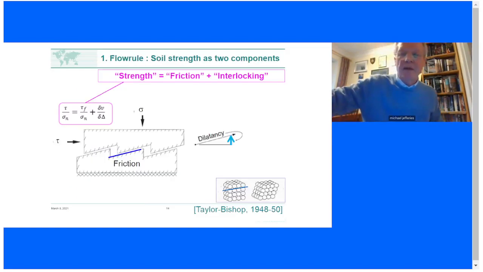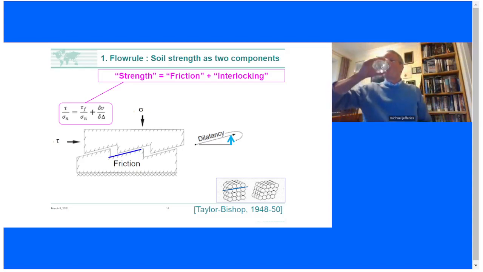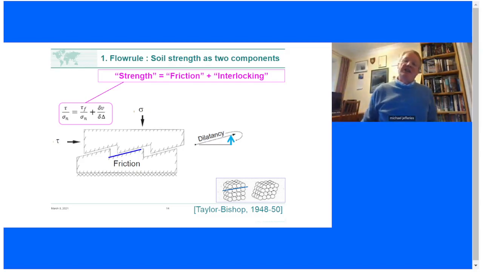Now, let me talk next about the flow rule. If you do a shear box test on dense sand, as you push the shear box sideways, you'll see the top platen rise up. Bear in mind this sort of testing started in the 1930s, and people very quickly said, well, if the top platen's rising up, it's doing work against the confining stress.